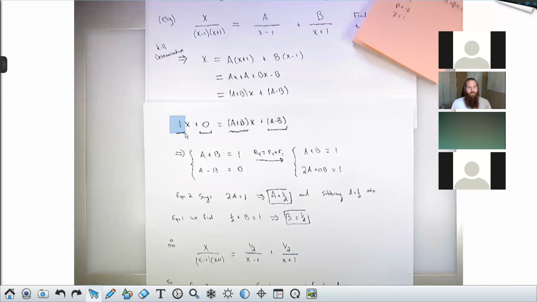The linear coefficient is 1 because x is 1x, and the constant coefficient is 0 because there isn't something here. If this was like 2x plus 5, then a plus b would be equal to 2, and a minus b would be equal to 5. Cool stuff, yeah? I'm a fan.